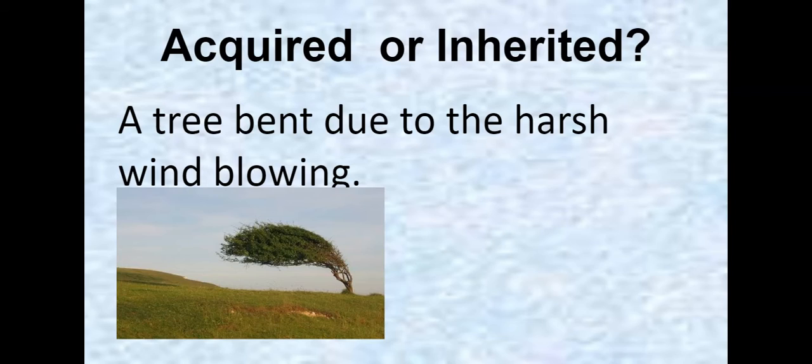Did they get it from, well, your tree doesn't really have parents, but did they inherit it from generations past? And can they pass it on to offspring? Can the little acorns that fall from this tree and blow in the wind and get planted in the earth, when those acorns sprout and grow, are they going to grow crooked?